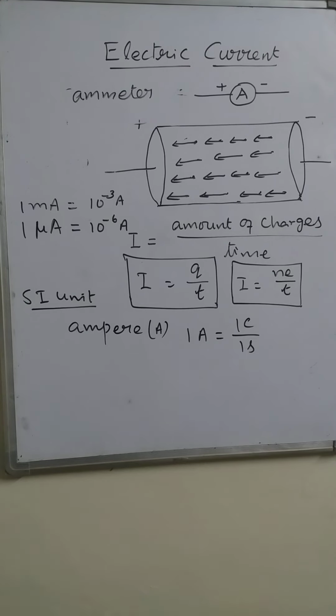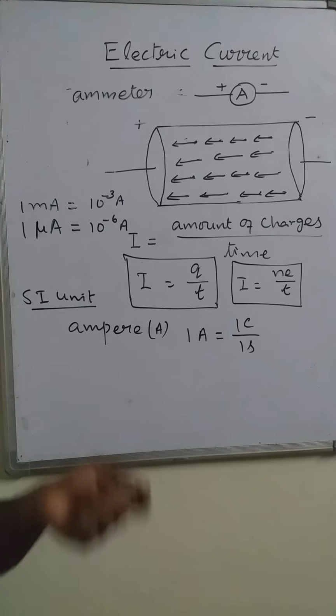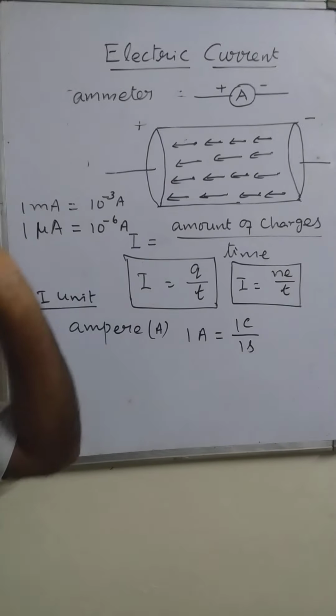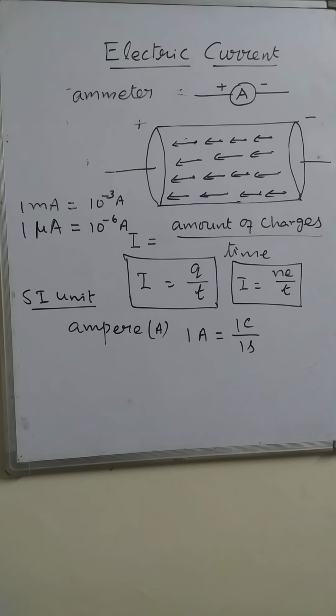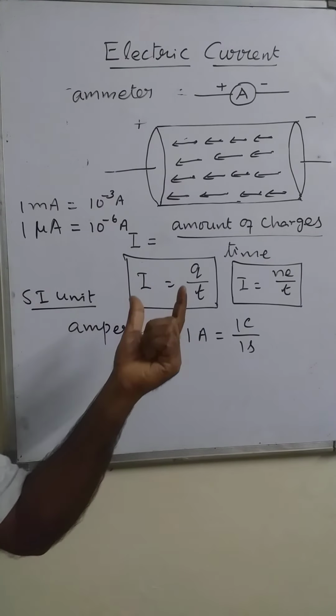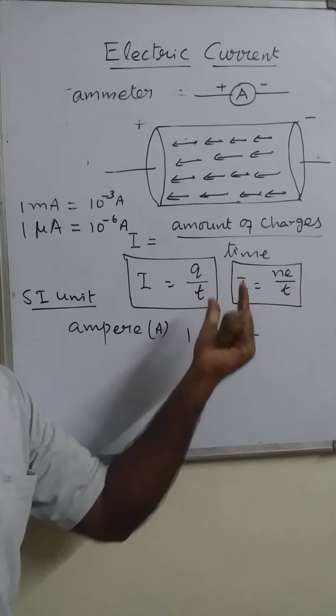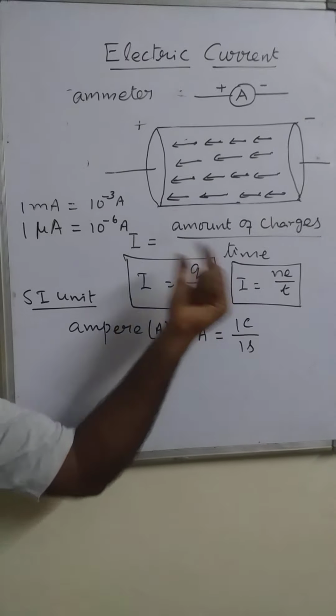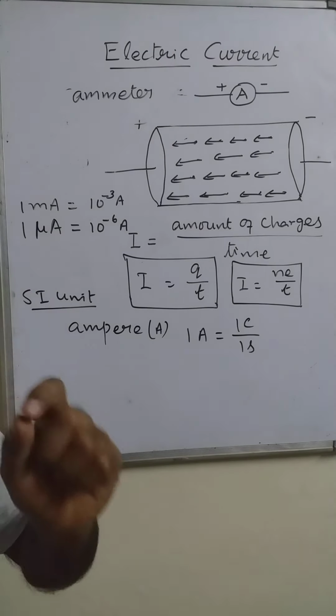And this ammeter is connected in any circuit. In any circuit, the main purpose is to measure the amount of current flowing through a conductor. So by taking this concept and these two formulas, we can calculate something also. Let us see one example.